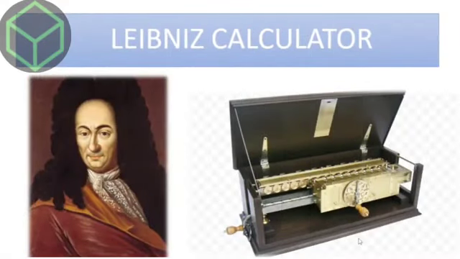Next is the Leibniz calculator. In 1692, a more advanced calculating machine named the Stepped Reckoner was developed by a German mathematician named Gottfried Wilhelm von Leibniz. It could perform all four basic mathematical operations, that is, addition, subtraction, multiplication and division.